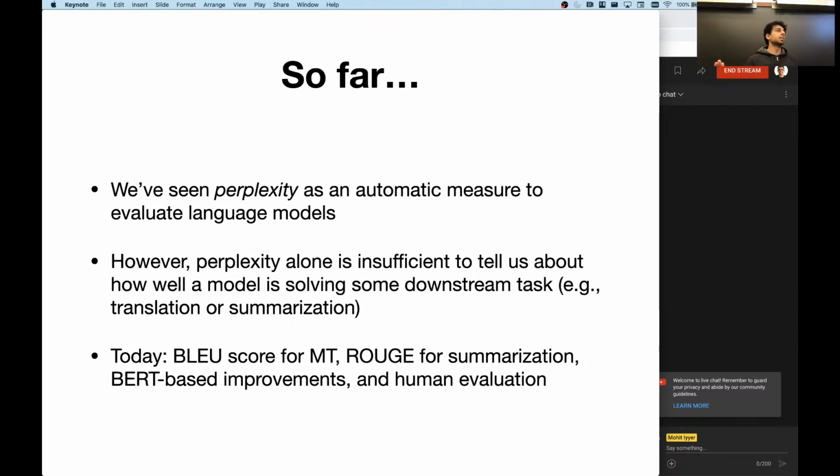But it does not tell you, for example, how good the language model is at translating a piece of text, or summarizing a piece of text, or if you ask the language model to produce an open-ended completion, like generate a story given this prompt, how do you evaluate that? Maybe the probability of the story is not a useful measure because there are so many plausible stories. Maybe we need some other way to evaluate the output quality.